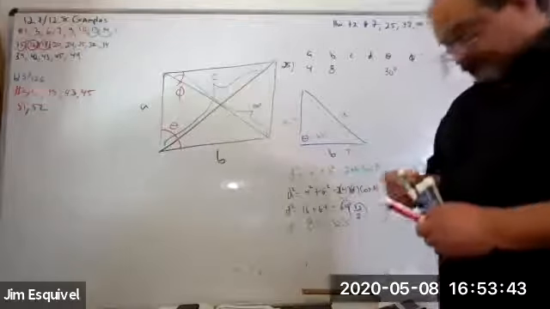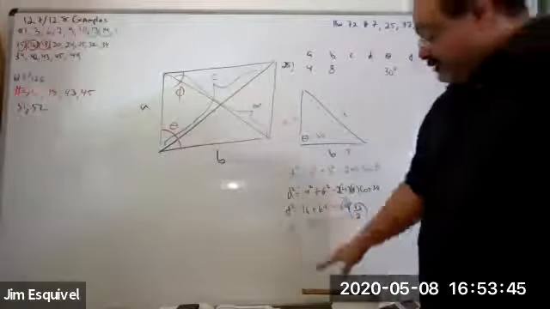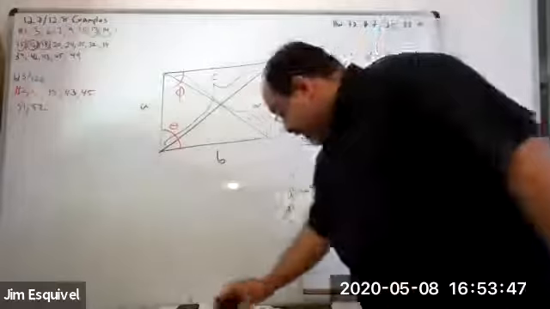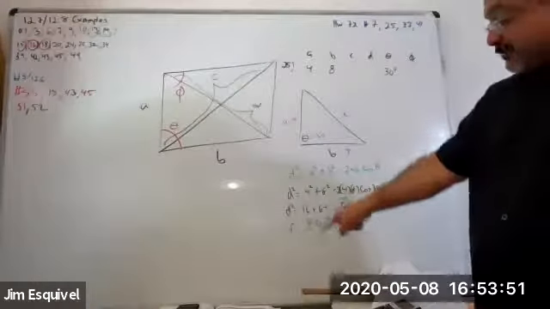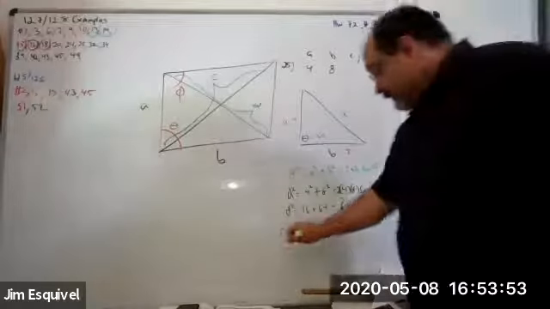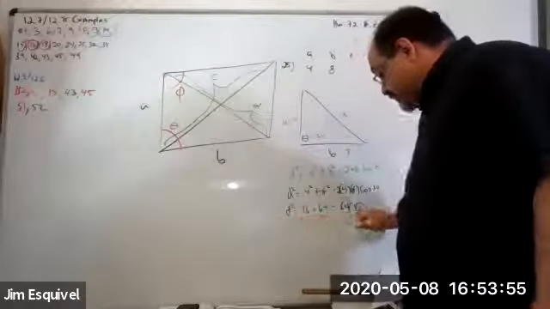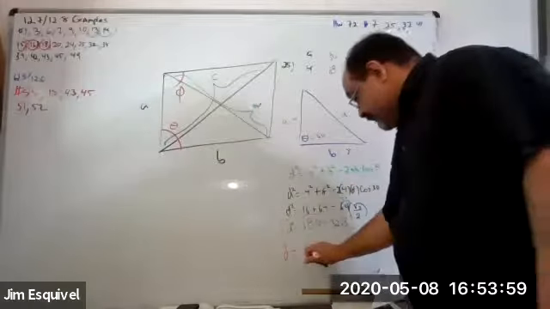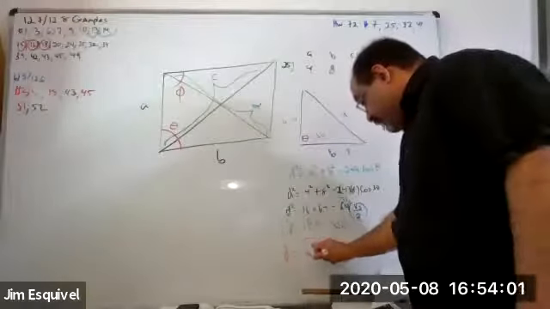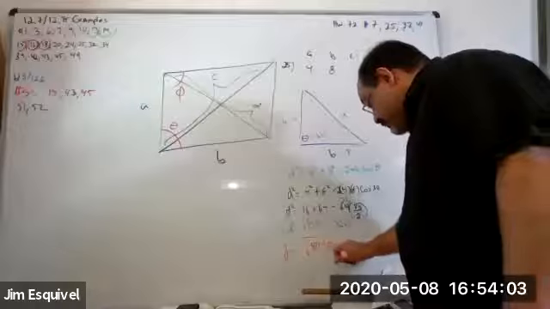And then here's what people forget to do. They forget to take the square root of both sides because that's what D squared equals. So then you take the square root of both sides, and the length of that side D is the square root of 80 minus 32 square root 3.